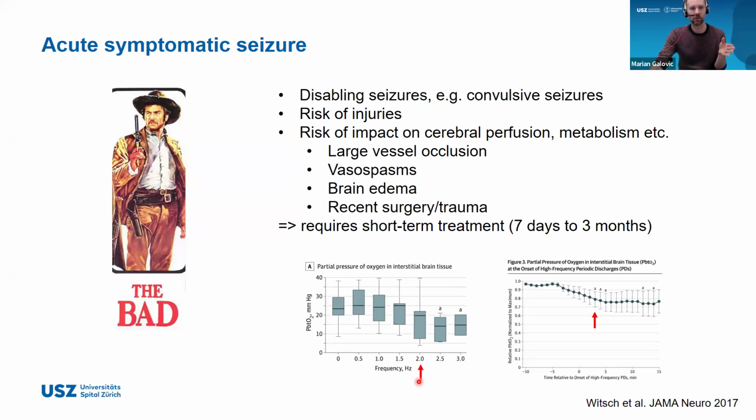So at around 2 hertz, and probably even more significantly in seizures or discharges with a frequency of 2.5 hertz or more, you start seeing significant declines in partial pressure of oxygen and also declines in metabolism. And that's also the reason why discharges with a frequency of about 2.5 hertz are defined as epileptic seizures, because they have an impact on brain metabolism.